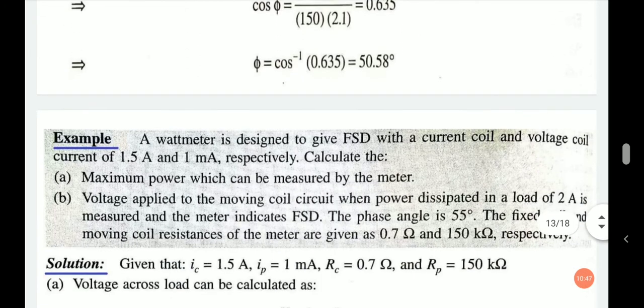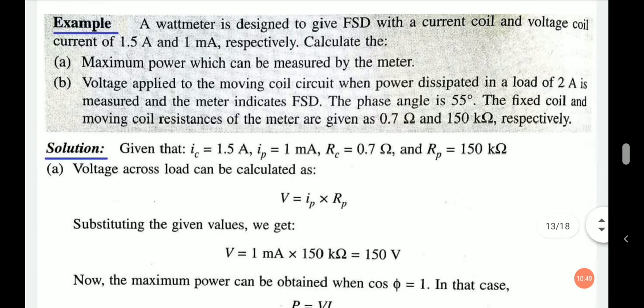Then we will see another example. A wattmeter is designed to give FSD, that is full scale deflection, with a current coil and voltage coil current of 1.5 ampere and 1 milliampere respectively.